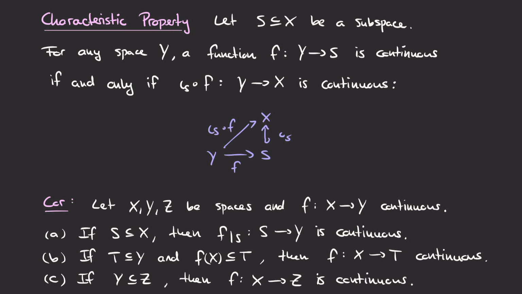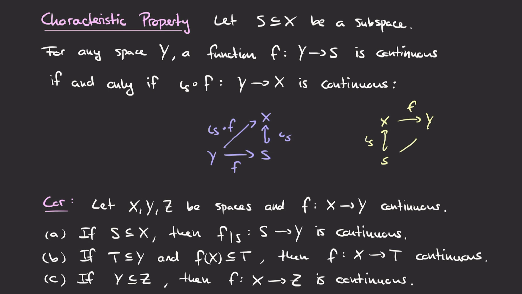Let's illustrate the situation with a diagram, sort of like the one we had in purple. So we have X, and we have a subset S of X, which means that we have this inclusion map. And now we have a map going from X to Y, which is continuous. And here this inclusion I called ι_S. And now the claim is that f restricted to S is also going to be continuous.